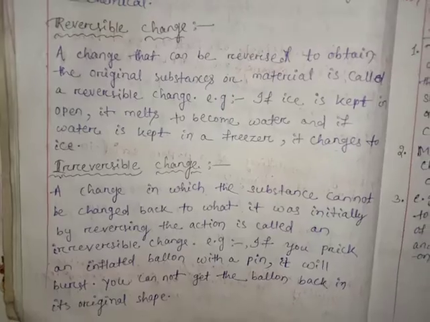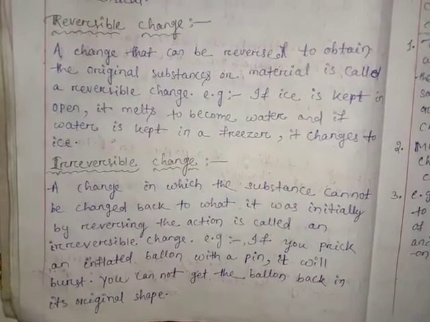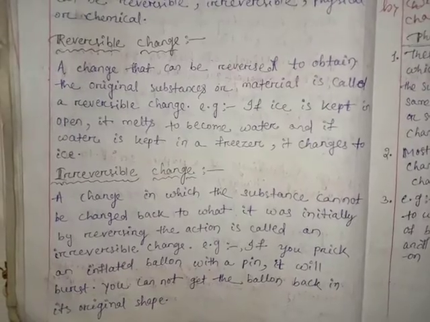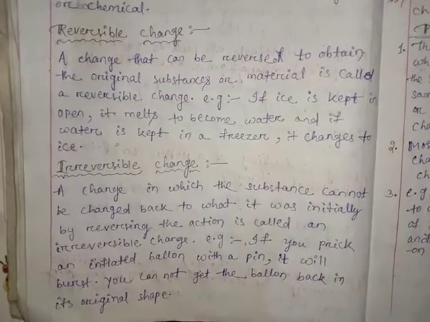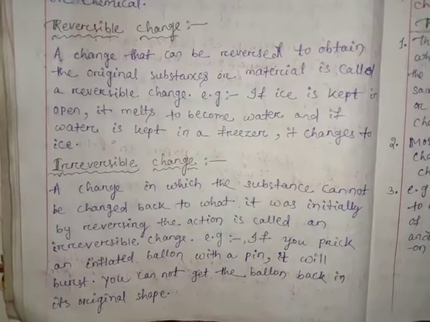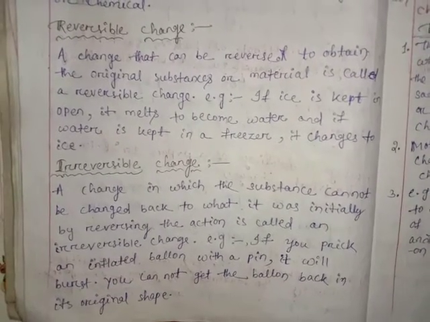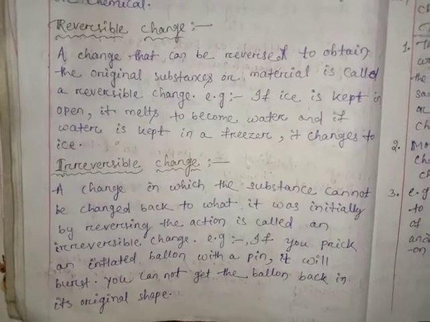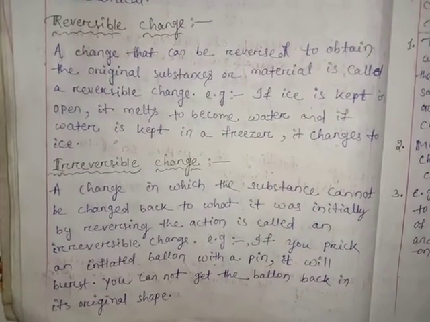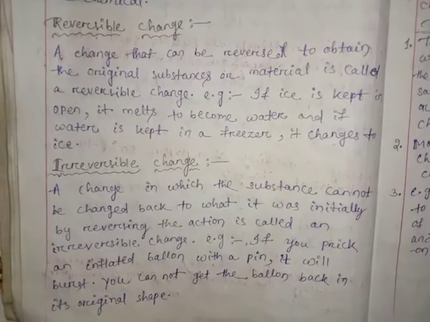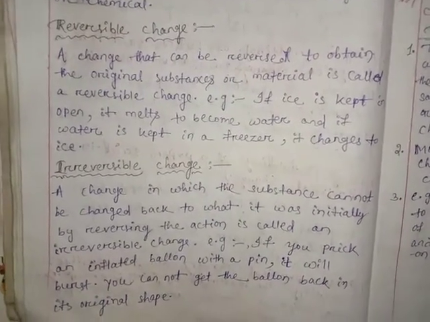Then irreversible change. A change in which the substance cannot be changed back to what it was initially by reversing the action is called an irreversible change. For example, if you prick an inflated balloon with a pin, it will burst. You cannot get the balloon back in its original shape.